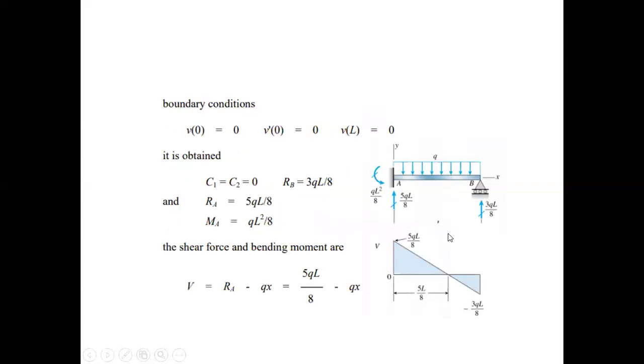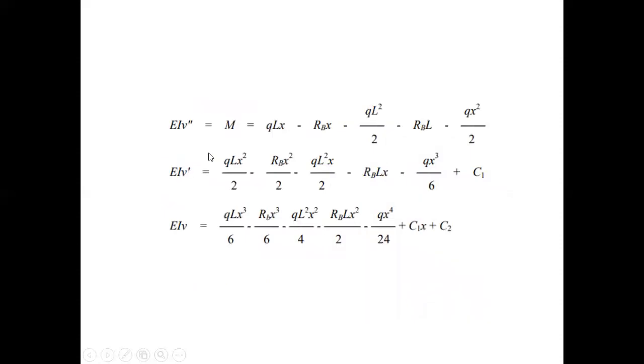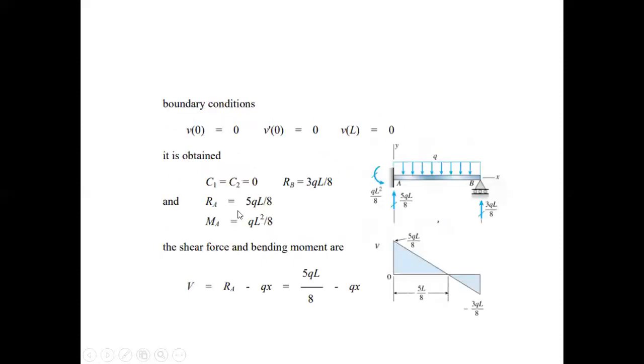Now, if we apply the boundary conditions to the calculated integration equations, the boundary conditions obviously say v(0) is equal to 0, v dash (0) is equal to 0, and v(l) is equal to 0. By applying the boundary conditions to both equations, the values of c1 and c2 can be calculated to be 0.